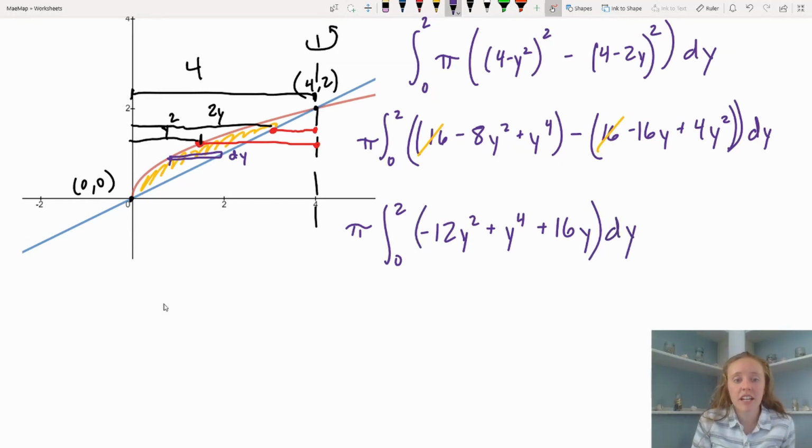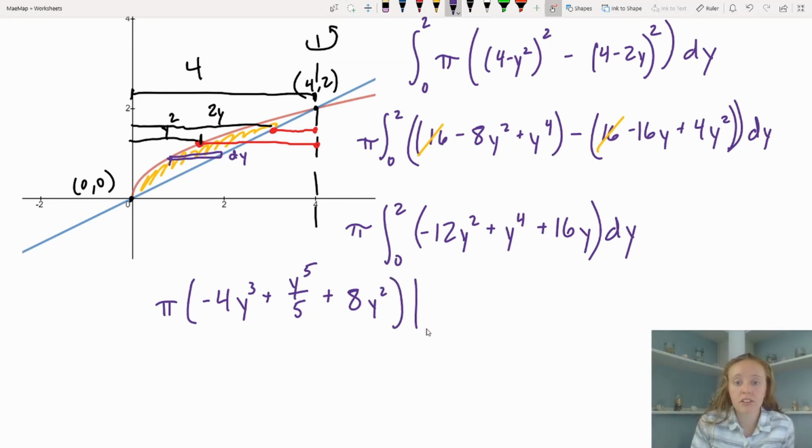Now let's go ahead and integrate and then plug in our bounds to solve. So negative 12y squared, when I integrate that, y cubed over 3, that'll be negative 4y cubed. Then y to the 4th is going to be y to the 5th over 5, and then 16y, integrating that, is going to be 8y squared. My bounds in the y are from 0 to 2.